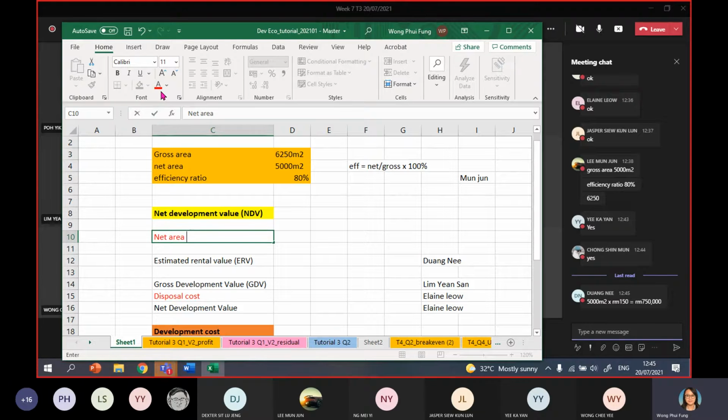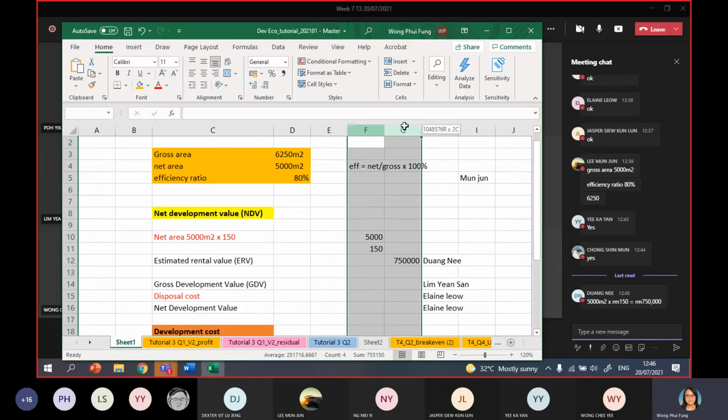The 5,000 is the net area and the rental is 150 per square meter given in the question. So 5,000 square meters times 150. All right, thank you. Correct, Tuan Lee. Good job.